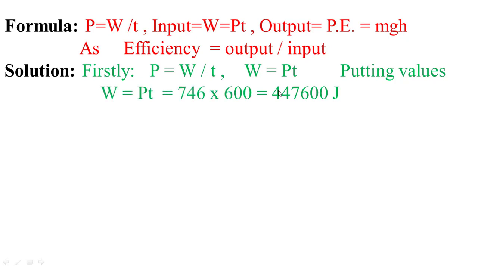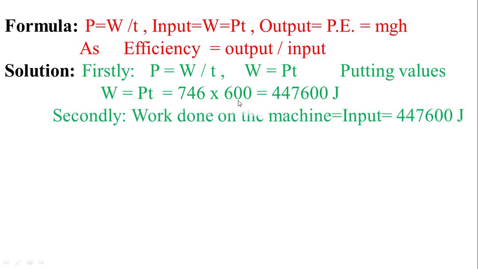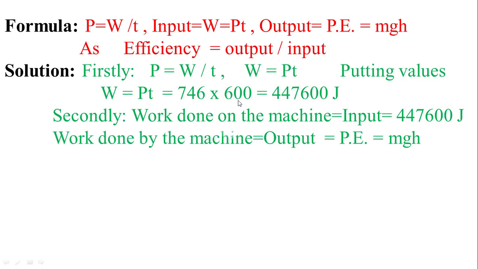Then W is equal to 746 multiplied by 600 is equal to 447600 joule. Then we can calculate the value of work done as the input, 447600 joule. Then we can calculate the output as potential energy, which is equal to mgh.